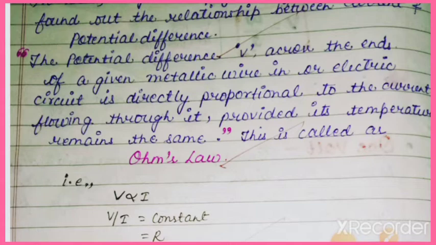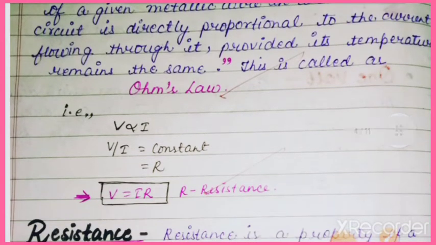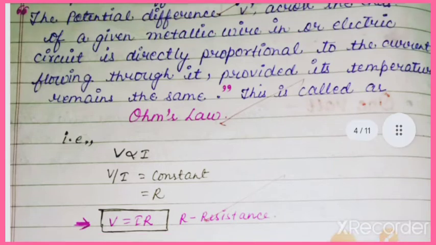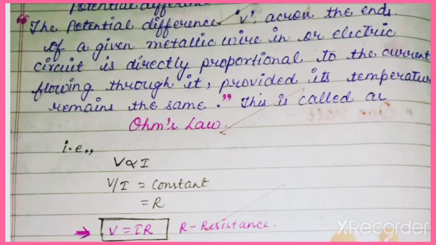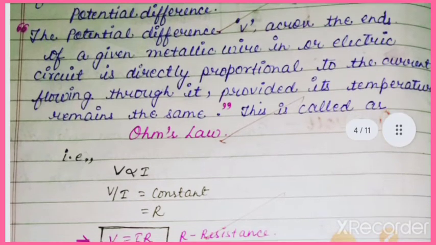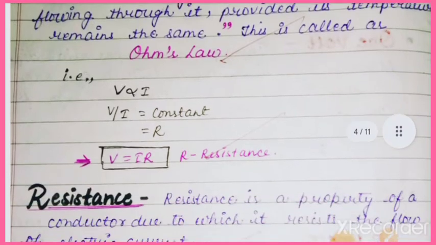Another definition is that Ohm's law gives the relationship between potential difference and current, where potential difference is directly proportional to current and inversely proportional to the resistance. Or you can also write it like this.